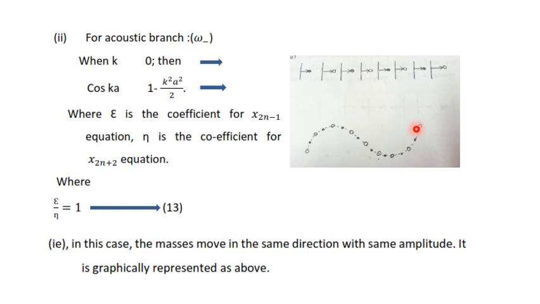The procedures are all the same, but for monoatomic there is no optical branch, acoustic branch, forbidden band, etc. In the case of diatomic, the acoustic branch, forbidden band, and optical branch are possible. This is the difference between monoatomic and diatomic, but the mathematical procedures are all the same.